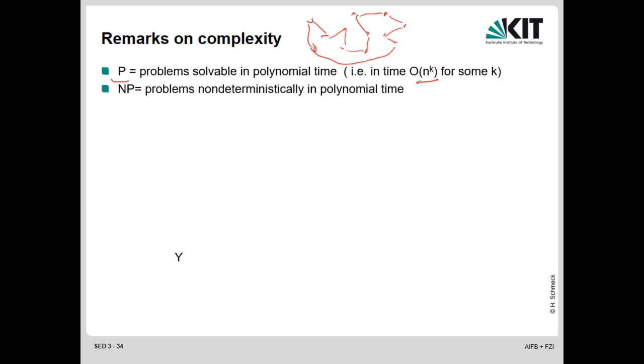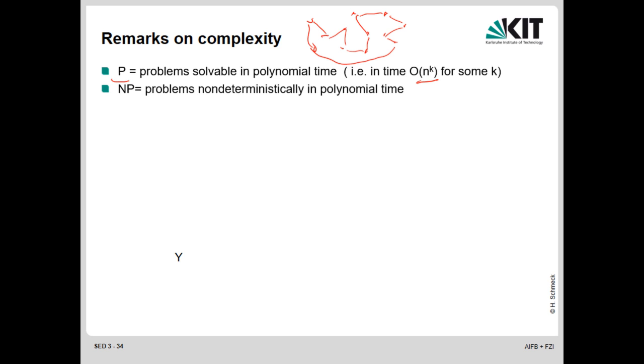That means there is a potential guess such that I can solve the problem in polynomial time. If there is a path of a certain length, then there is one potential guess that I could have chosen, and so it is in NP.